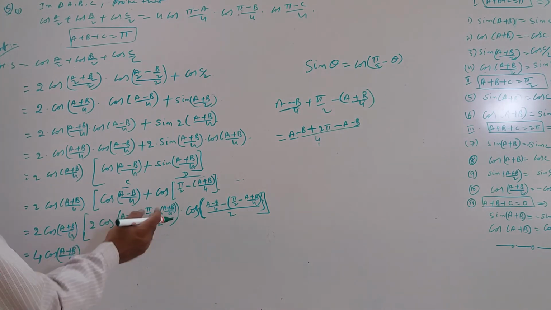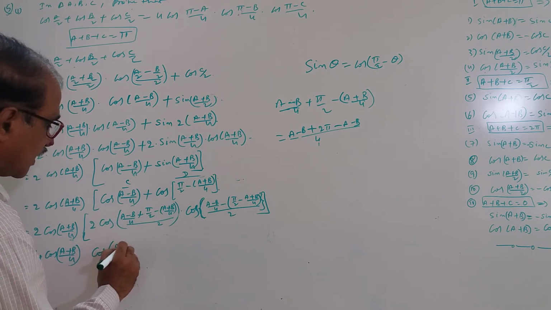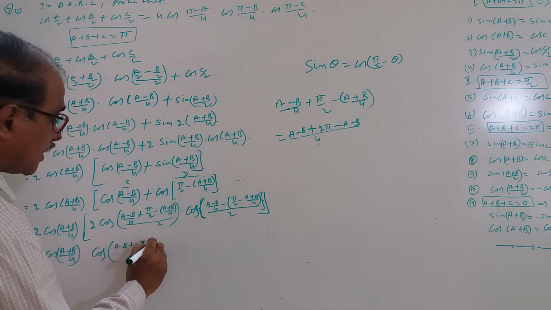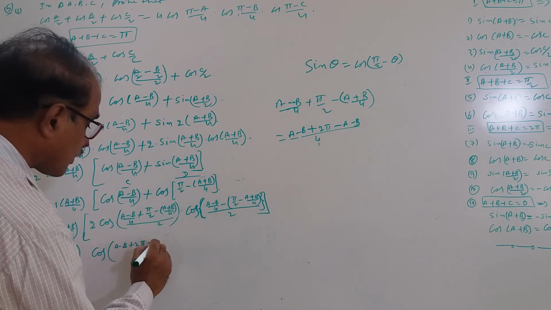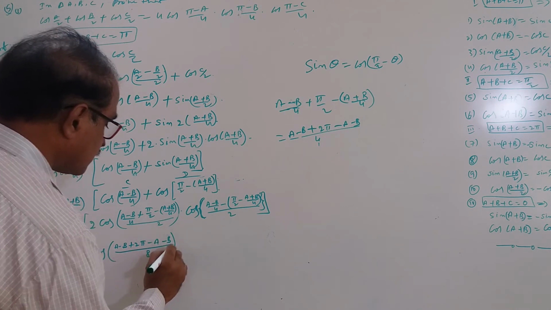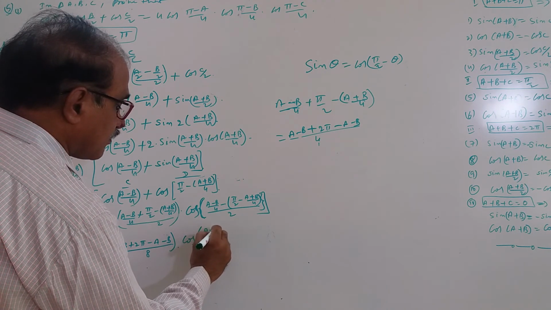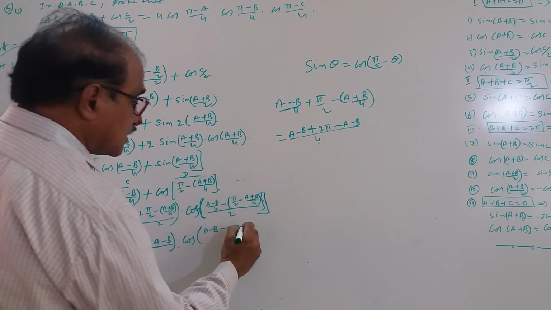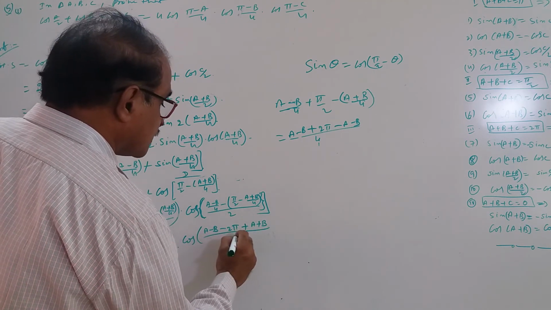That means the simplification of this much is A minus B plus 2 pi minus A minus B by 4 to the 8. Similarly here, cos of (A minus B) minus 2 pi plus A plus B by 4 to the 8.